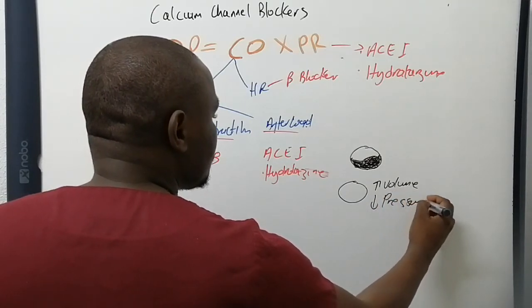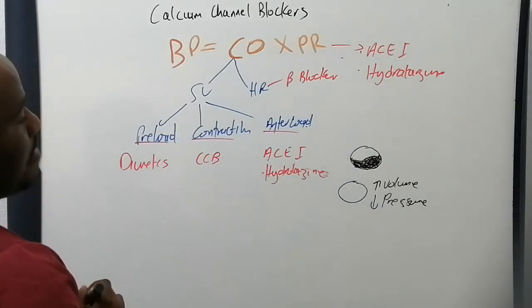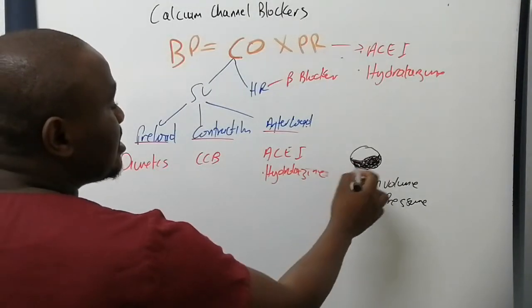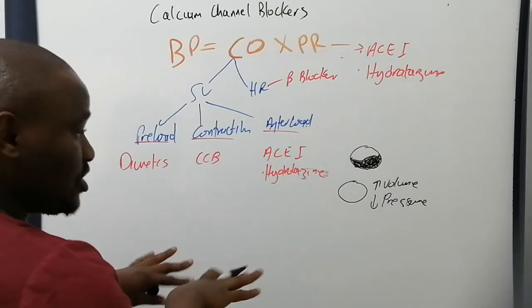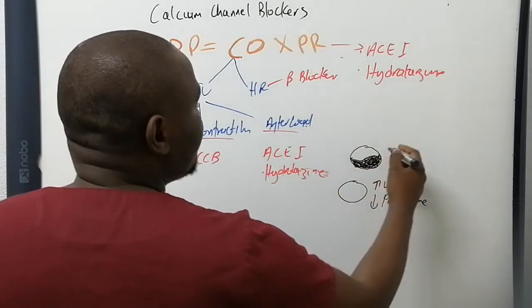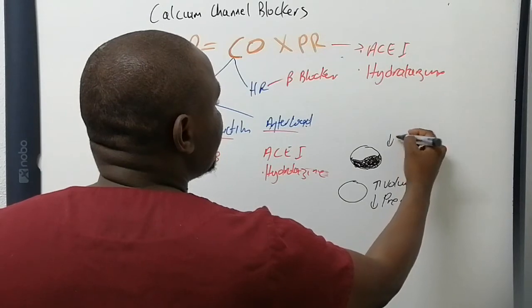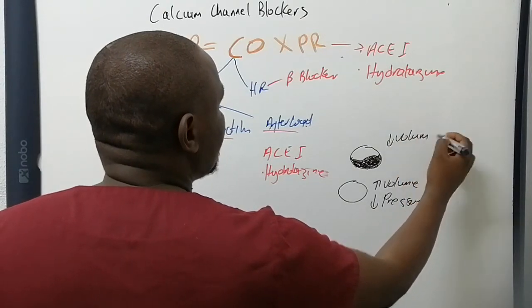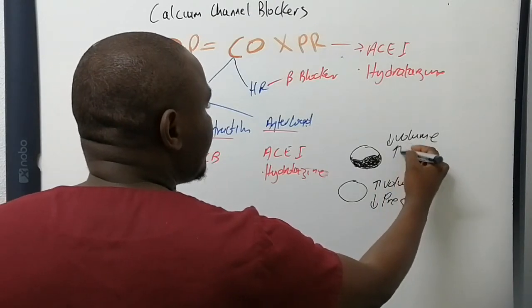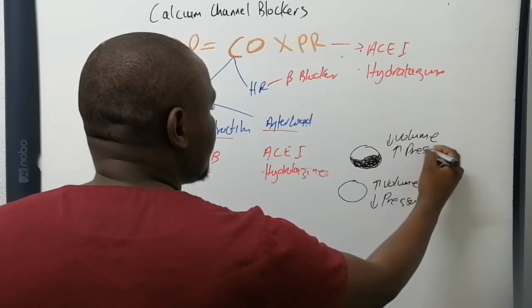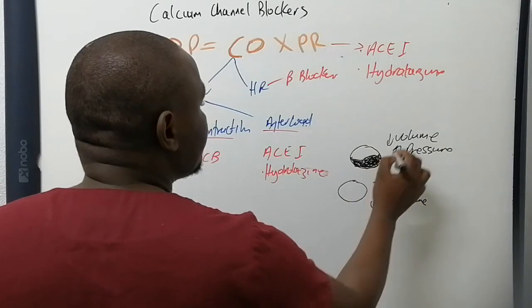This is what you want. But the minute you've got some cholesterol attached to the intima, you have decreased the volume of this artery or this lumen. You have decreased the volume and you have increased the pressure. So there's so much pressure on this one.